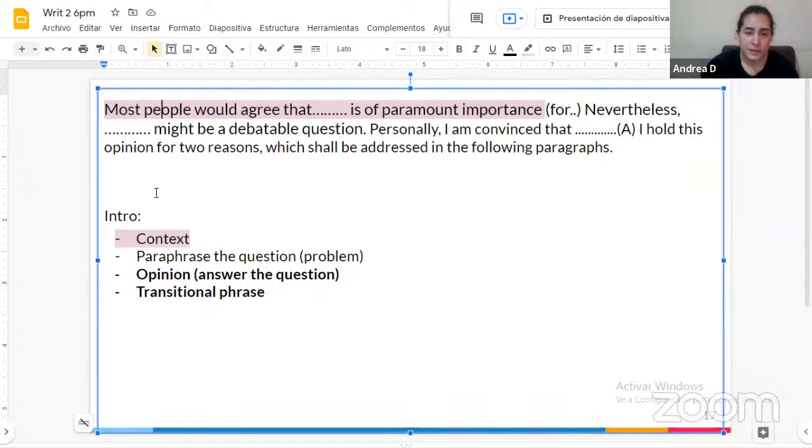So what can we say about honesty or values? What can we say about honesty? Maybe Marco, any suggestions?